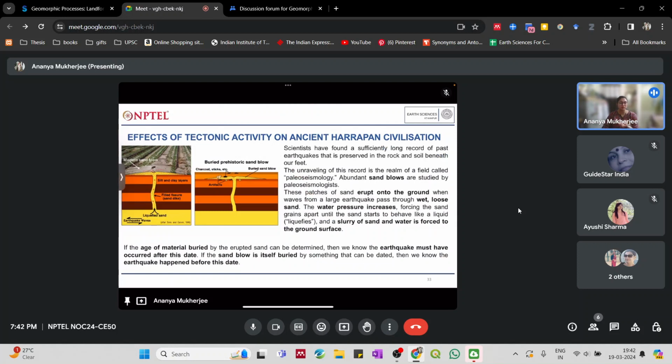So another feature that is associated with paleoseismic studies or historic earthquake studies is sand blows.